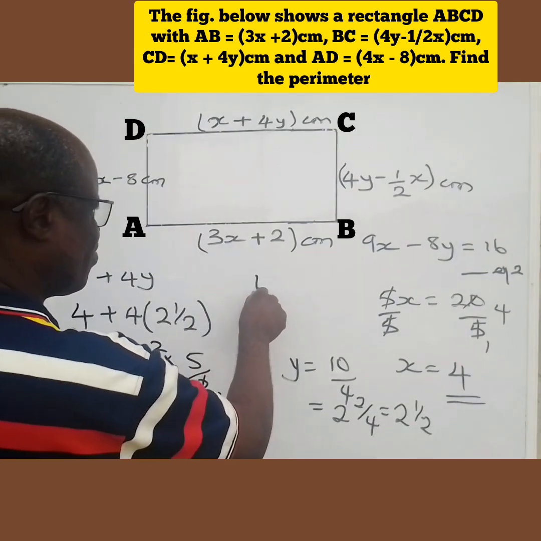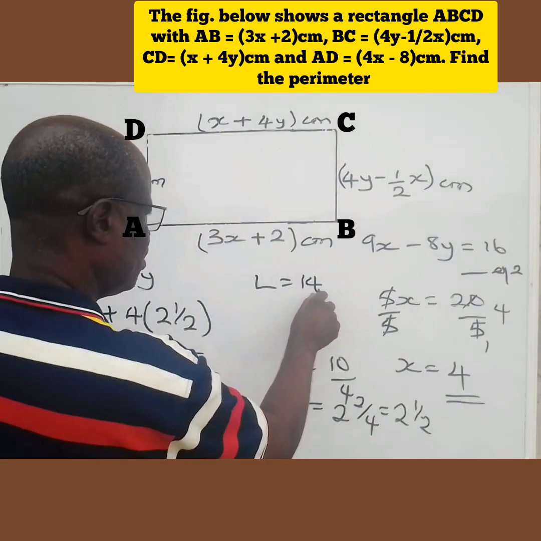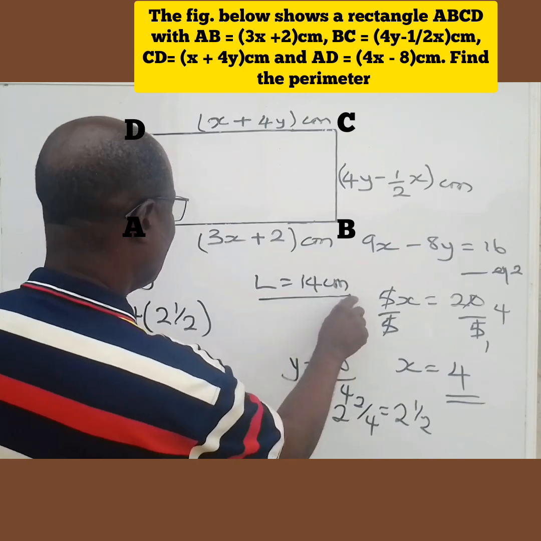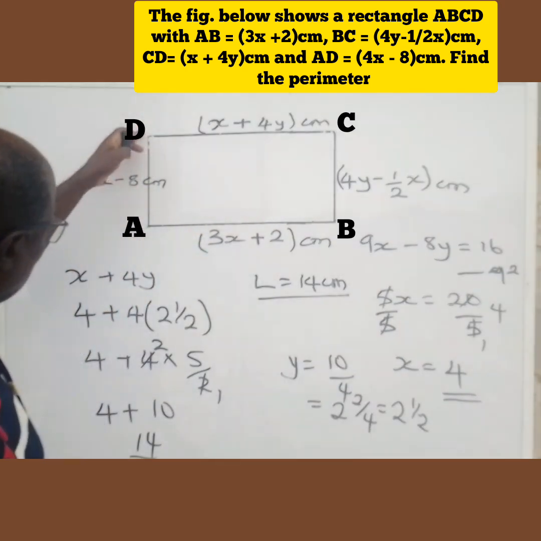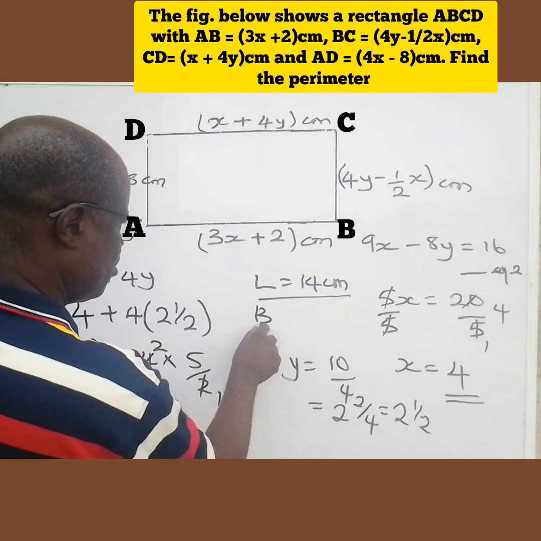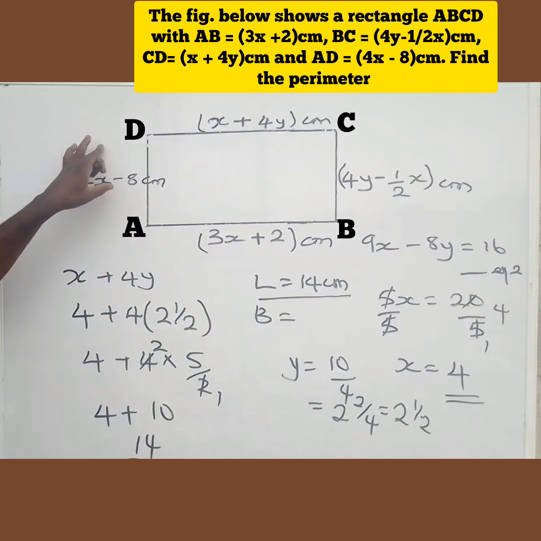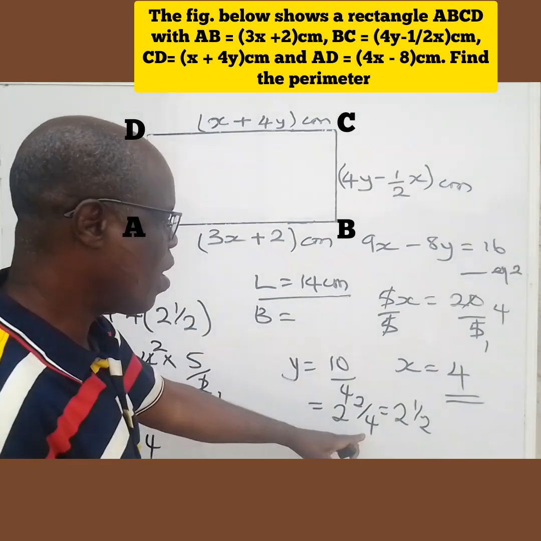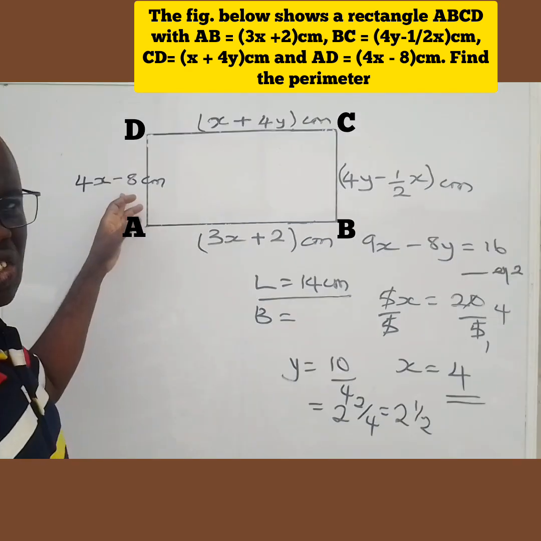So let's write the summary down. Length is 14 centimeter. So this is for this side. So what of the breadth? We do the same thing for breadth. Substitute your x equal to 4 and your y equal to 2.5. Let me use this.